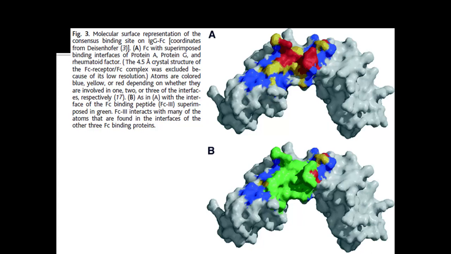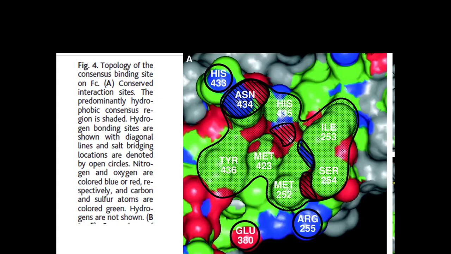So why do they like to bind there? And why do both hydrophobic and charged things like to bind in the same place? This is where they look at the actual groove and the residues lining the groove. Hydrogen bonding sites are shown with diagonal lines, and salt bridge locations are denoted by open circles. So you look up and down. Make an observation.